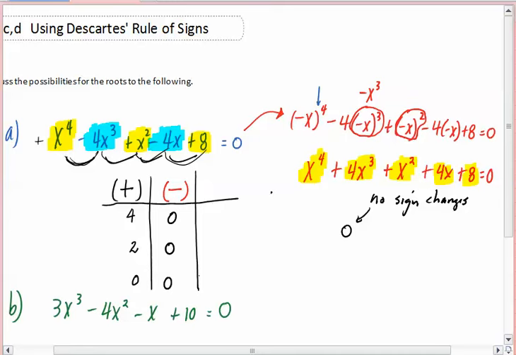Now, why did I make a third column? Well, remember, I have to have 4 roots, either in the real world or the imaginary world. Now, these two things are just talking about the real world. Well, what about the imaginary world, right? We have imaginary roots.